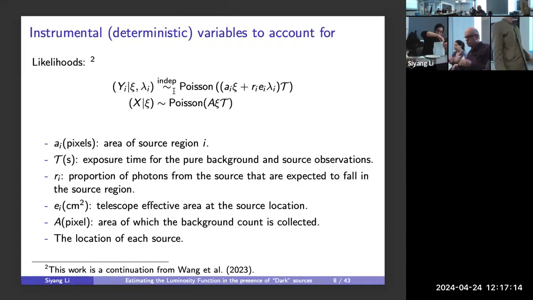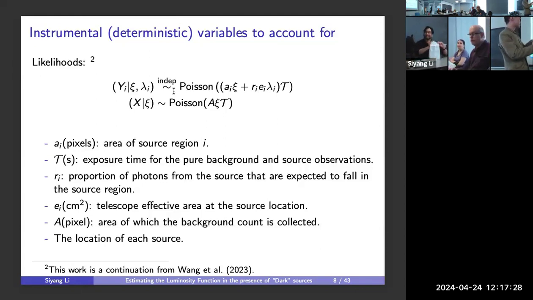Let me introduce some of the deterministic variables in this model that I'm not going to change during the inference process. The first one is the area of each source region, and the second one is the exposure time that we look at the sources and the background. The time that we look at the sources and the time that we look at the backgrounds are the same.